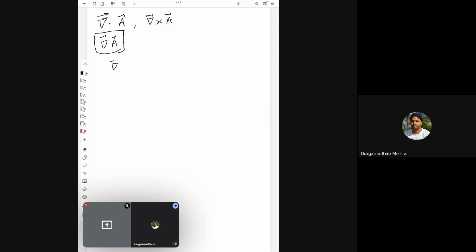So if I operate this on A, again, you can write it explicitly in this form. You need to practice all this a little bit so that you can write it immediately. Now this is a dot product between a del operator and a vector. A vector has three components.